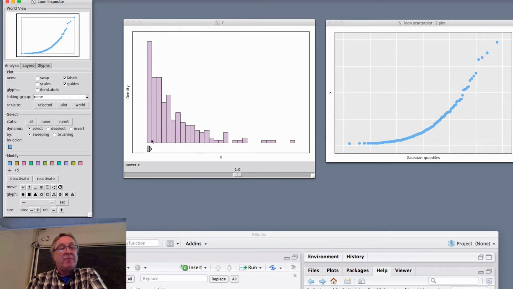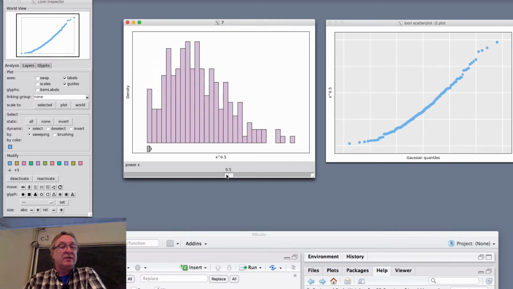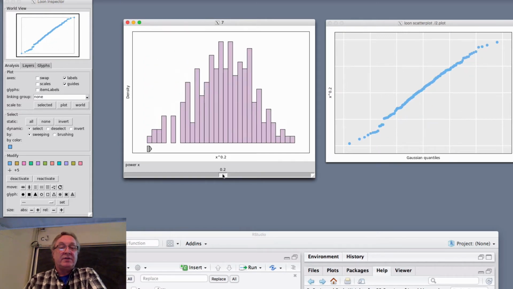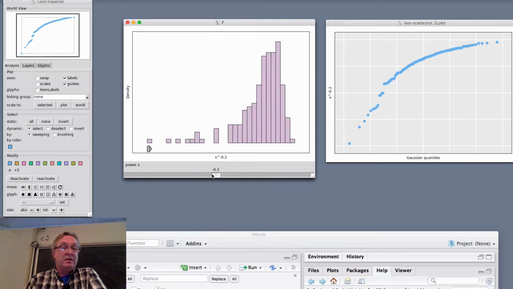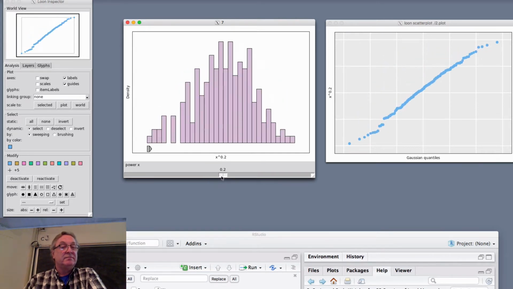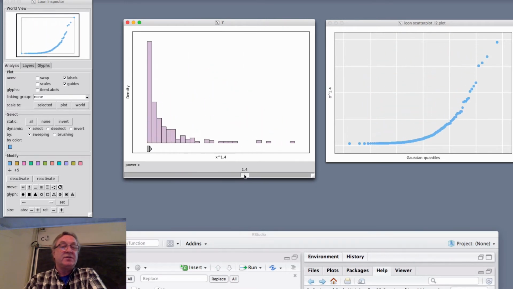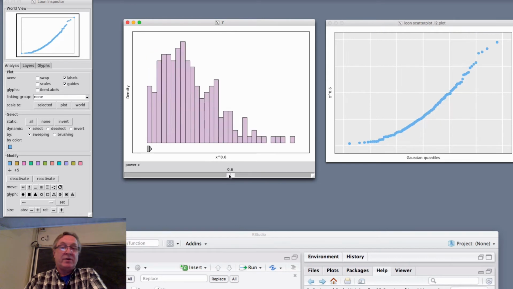And so the bump is on the left, on the low side, so I should move lower on the ladder. Bump is still on the left, move lower. And eventually, it looks about right. If it goes over here, the bump's on the right. On the high values, I should move higher on the ladder. So that's going to be able to straighten this out, and you can see that I can change the skewness of that chi-squared very simply.